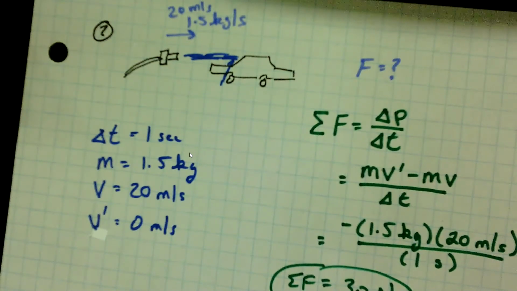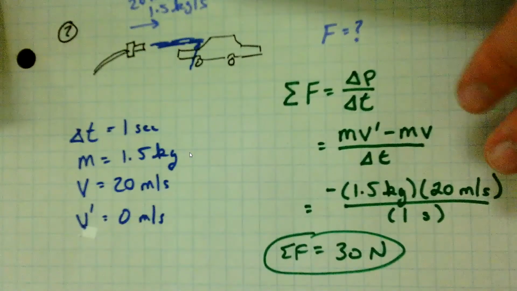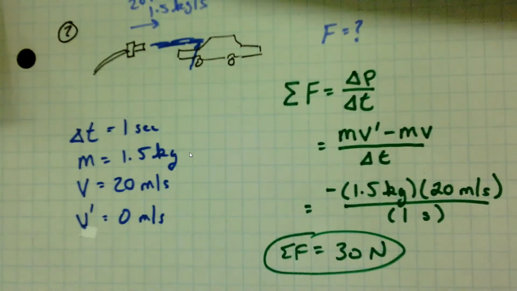So now we know that delta T is 1, M is 1.5, and then we can go from there. Now this becomes mathematically equivalent to what Drake was suggesting, which was just multiplying 1.5 and 20. He realized that just by looking at the units, but this gives some insight into how that works. Go ahead.